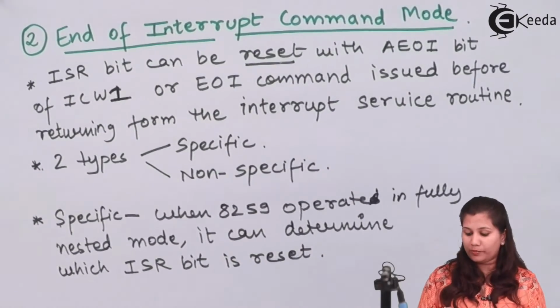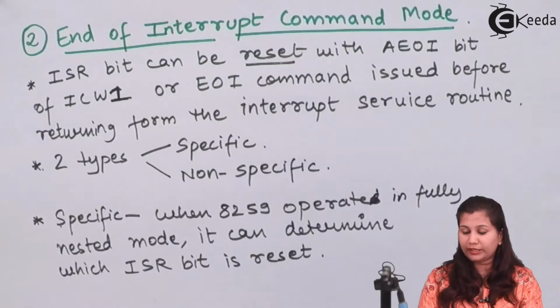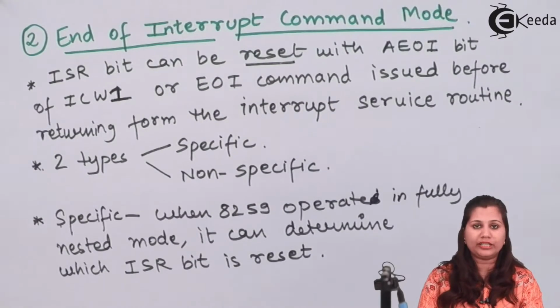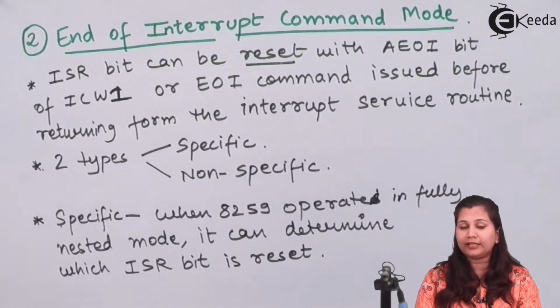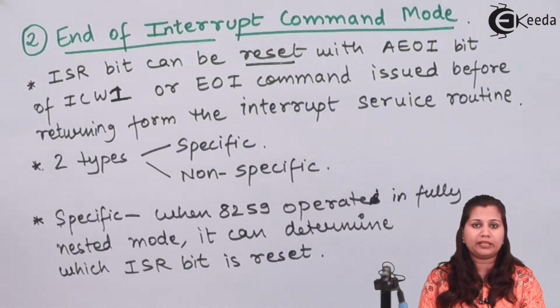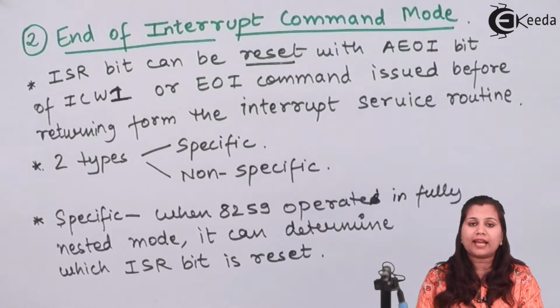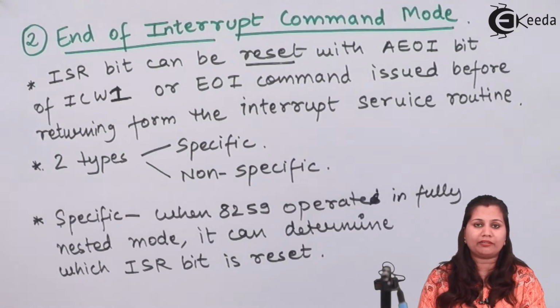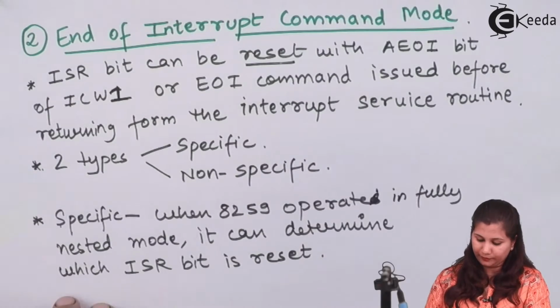But when the 8259 does not operate in the fully nested structure and does not know which ISR bit it has to reset, then a non-specific end of interrupt command is issued, and that command will tell the 8259 which ISR bit it has to reset.